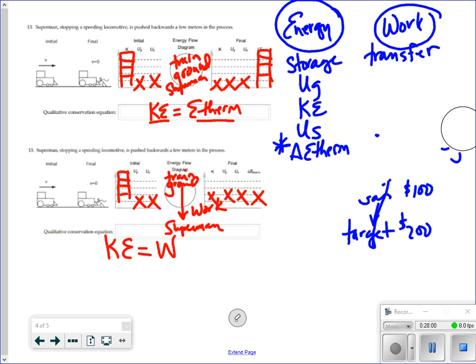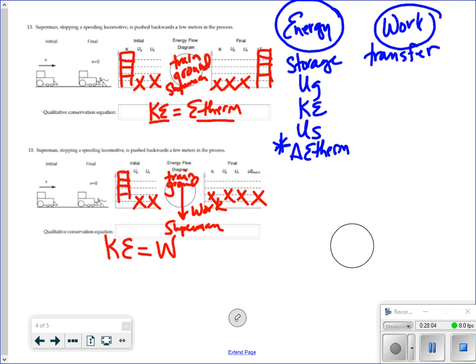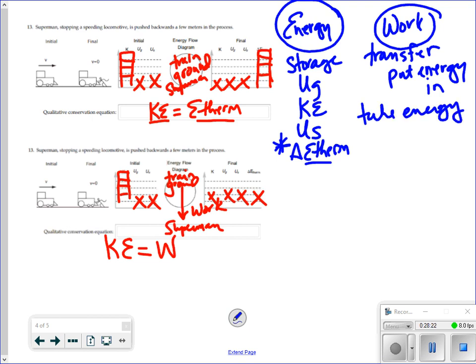The thing that gets confusing is that it's the same value numerically as this one, but I'm getting ahead of myself. All right, so this is transferring. We either put energy in or we take energy out, rather like your debit card, and we use it for something else.